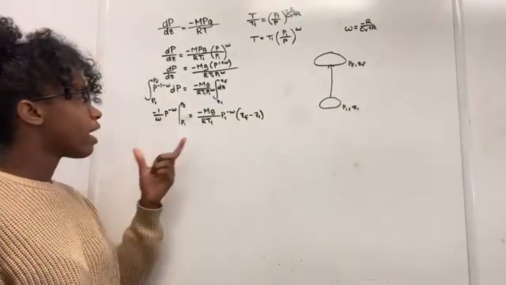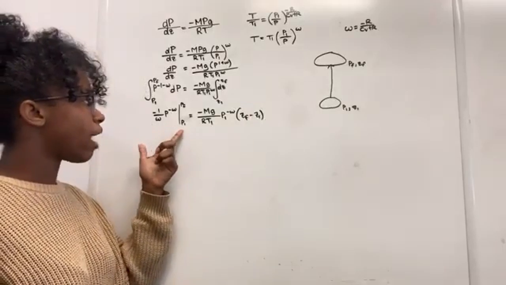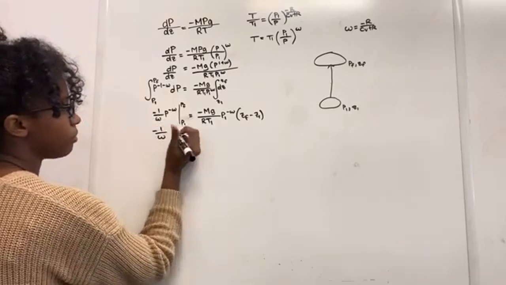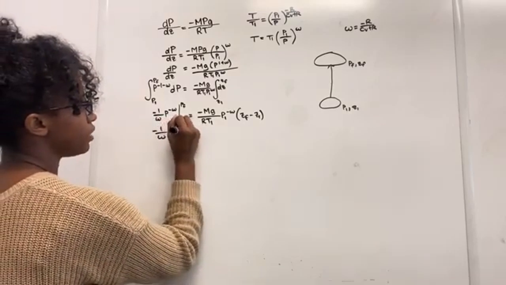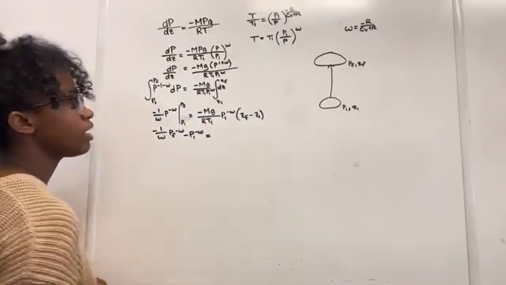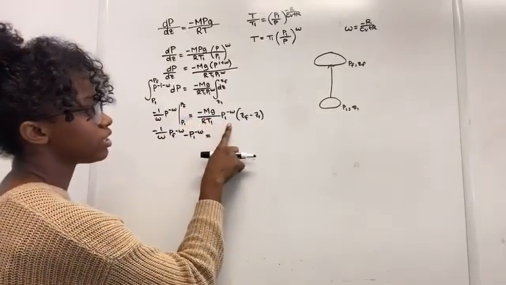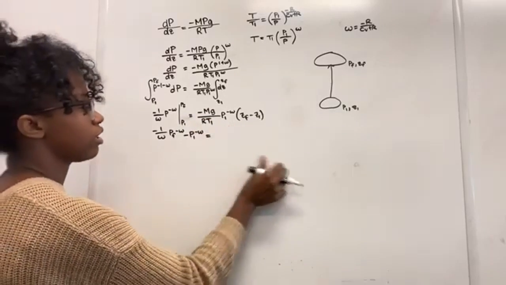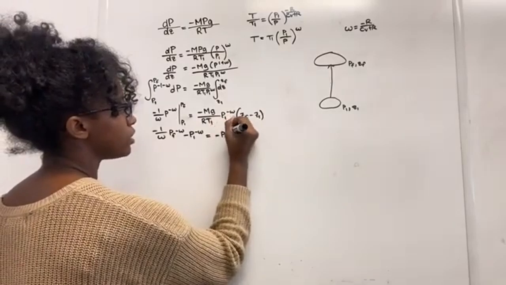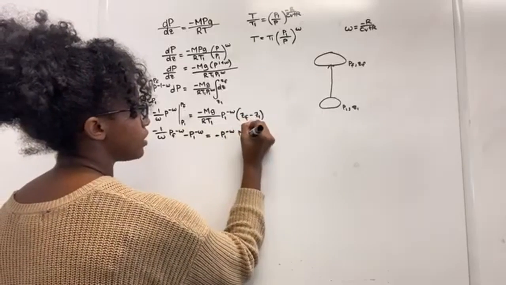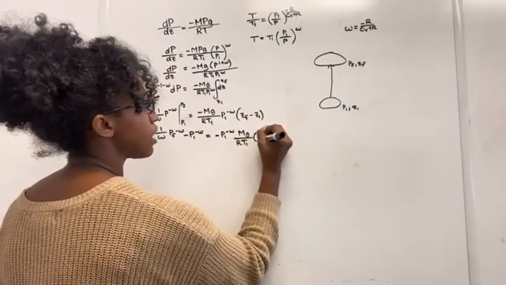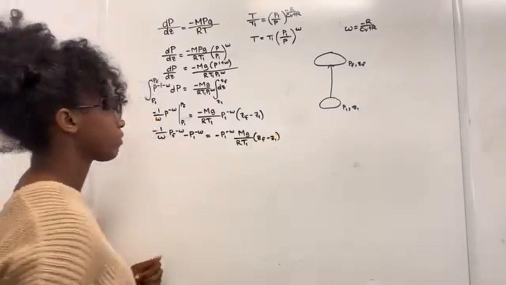And so now we can actually evaluate our left-hand side, which gives us -1 divided by omega times PF to the negative omega minus P1 to the negative omega. And then I'm going to take this P1 to the negative omega and just put it to the front so that it's negative P1 to the negative omega times mg divided by r times T1 times ZF minus Z1.